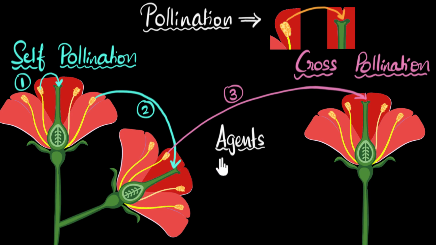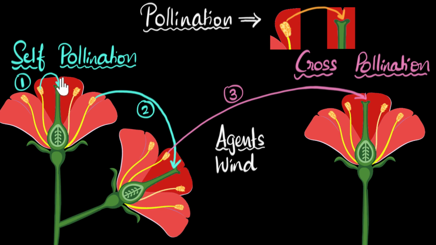One of the most common agents is wind. The pollen grains just get sprayed into the air, and the wind carries them forward. Because both the pollen grains and the stigma are very sticky, when a pollen grain comes very close to the stigma, it just sticks to it. In some cases, they are not sticky but very hairy.